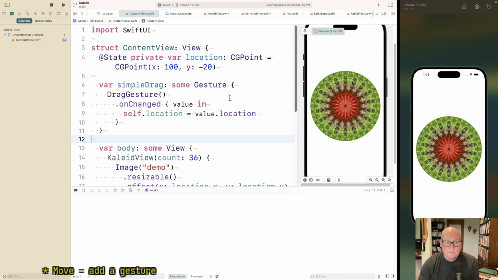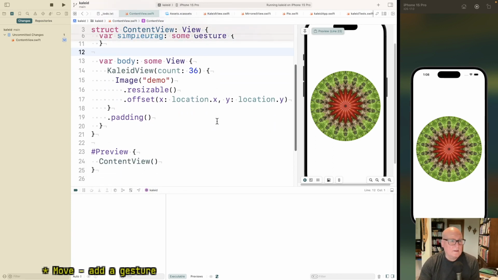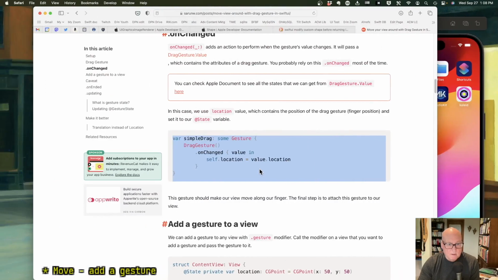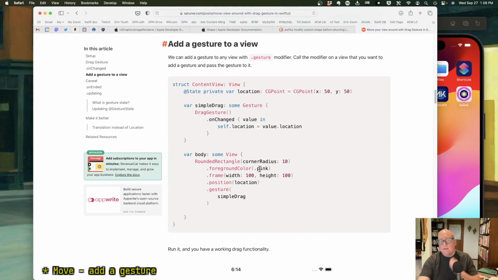Okay. And then we need to attach it. Now, I don't know how this is going to work. And we're going to put this on there.